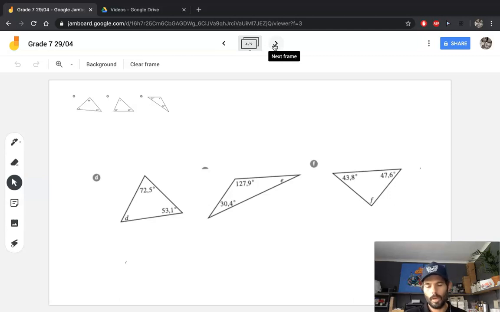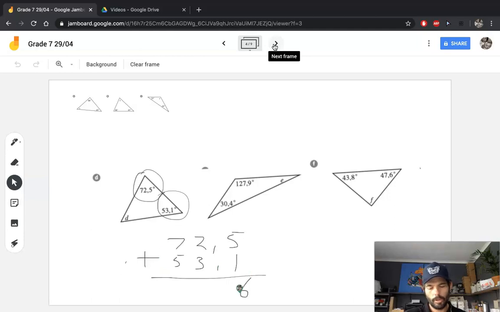So there are your two angles there. Add them together. Remember, you can always work it out, so write it down. Always write it down to make sure that you don't make any errors. I still make a lot of errors when I don't write down, so I would encourage you guys to do the same.